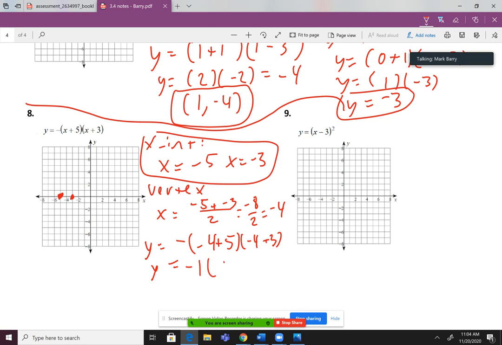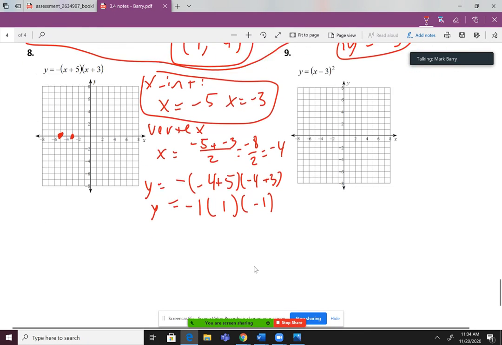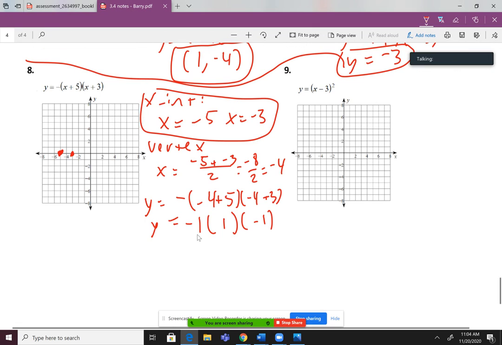It's like a -1 that's multiplying. So this is -1 out front times 1 times -1. So -1 times 1 is -1. -1 times -1 is actually +1. So my vertex is going to be -4, comma, +1.